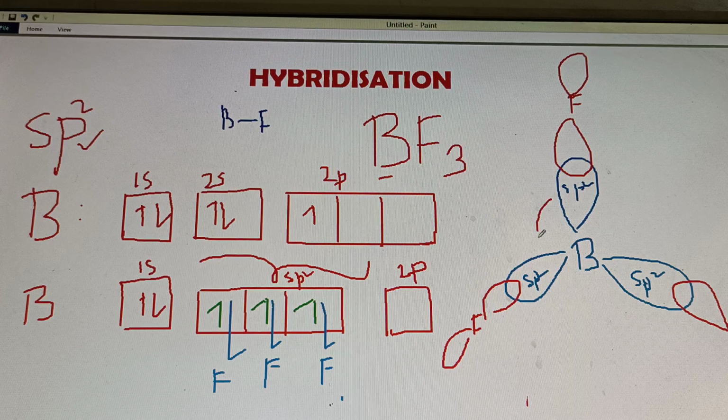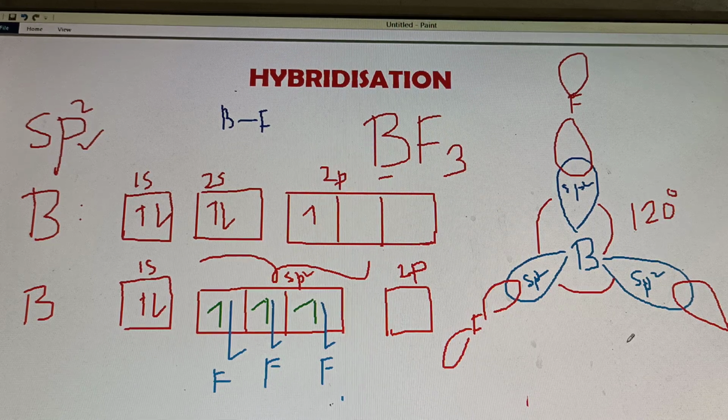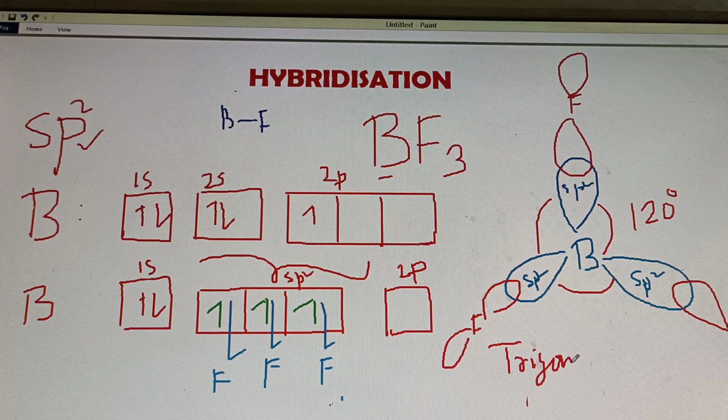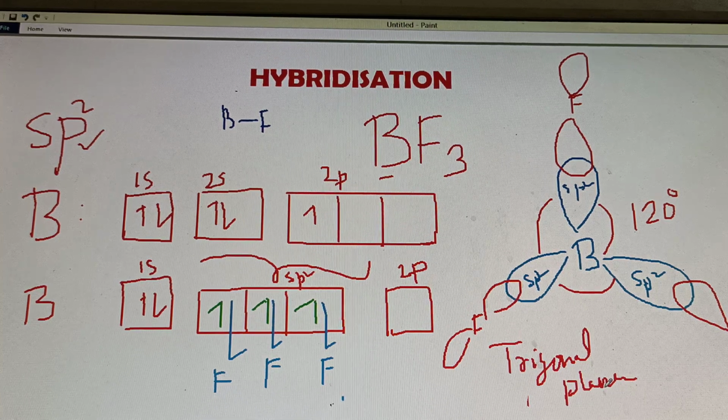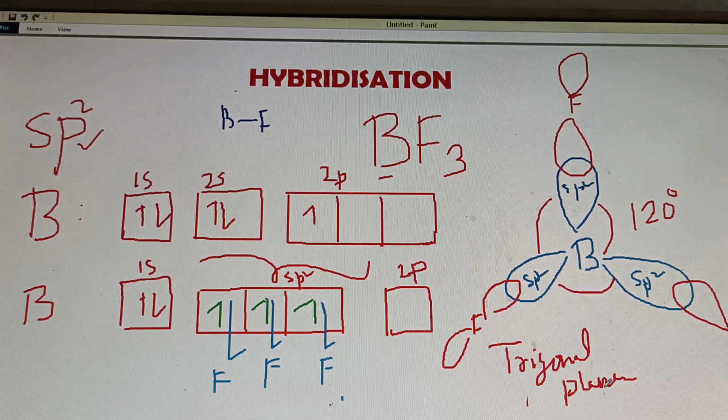The bond angle will be 120 degrees, and the shape of the molecule is trigonal planar. Clear?